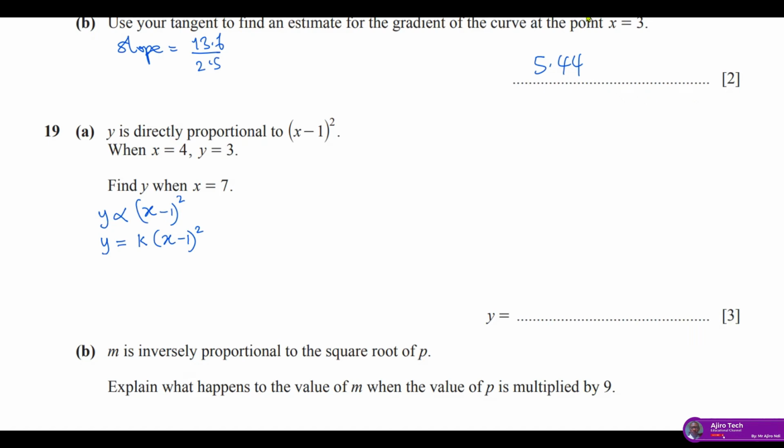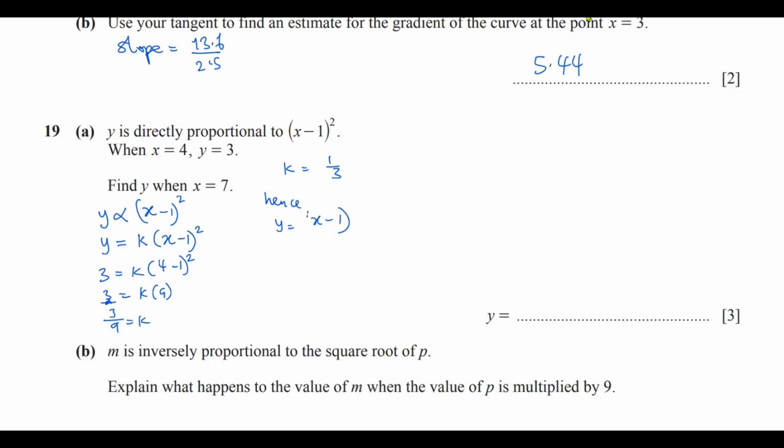When y is 3, 3 equals k into (4 minus 1) squared. So 3 equals k into 9. So 3 over 9 is k. So k equals 1 over 3. Hence y equals (x minus 1) squared times 1 over 3, because k is that.